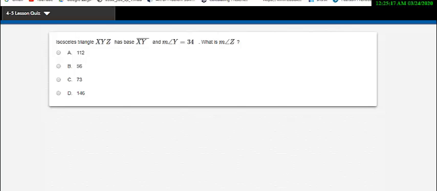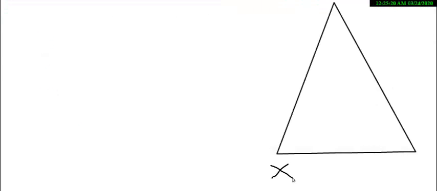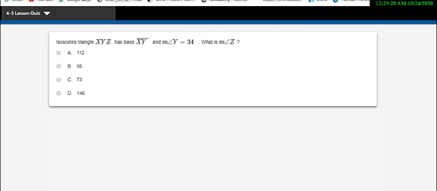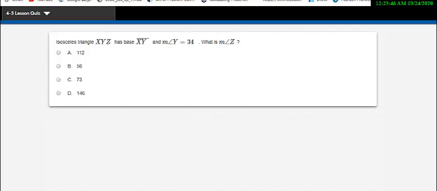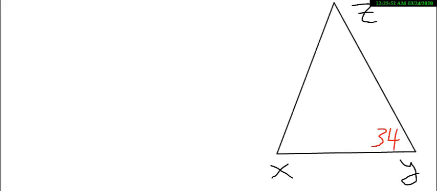The base is XY, so this is X and this is Y, which is the base, and this will be Z. So triangle XYZ has base XY and the measure of angle Y is 34, and the triangle is isosceles, and we need to find the measure of angle Z.